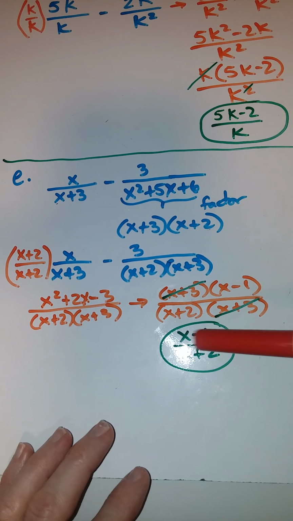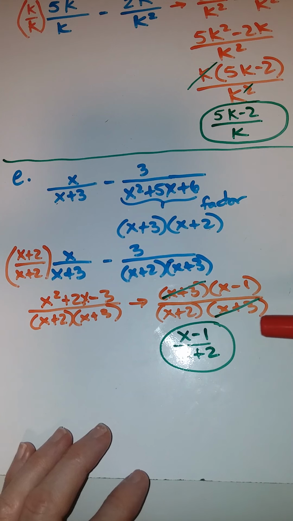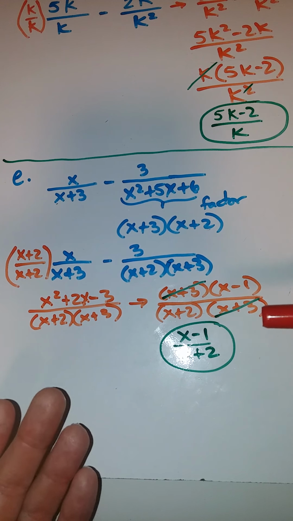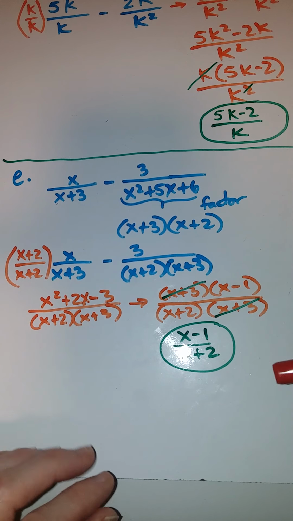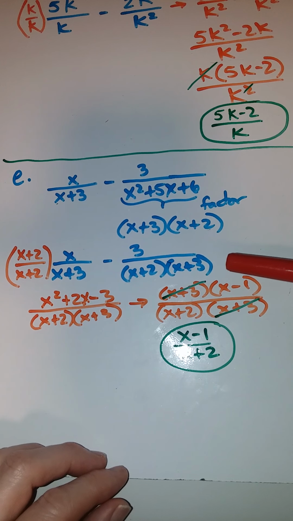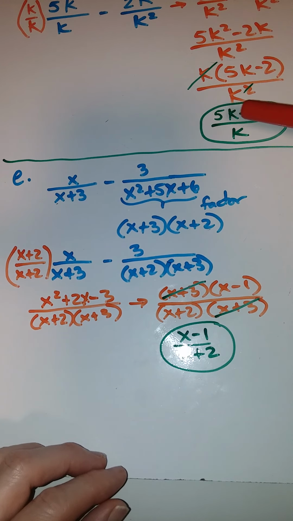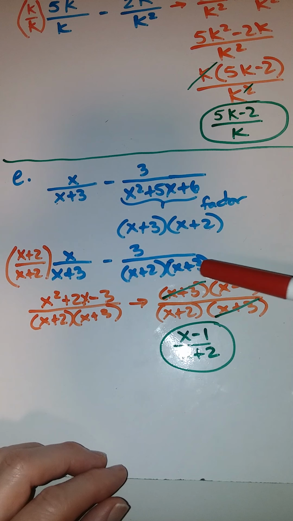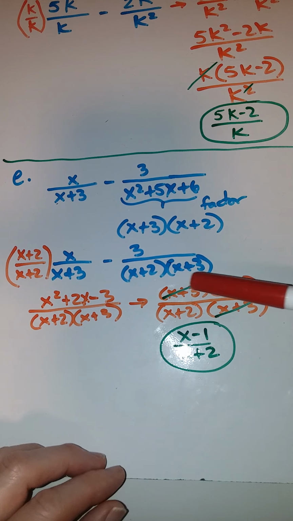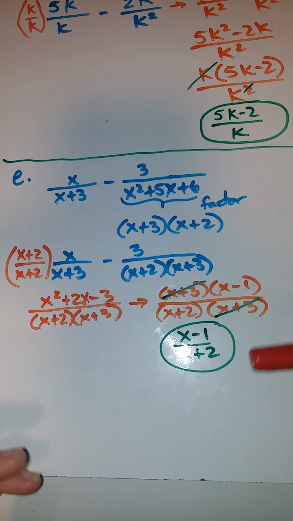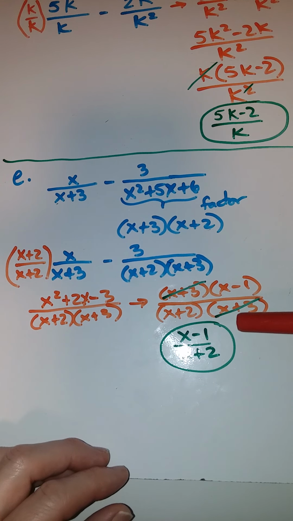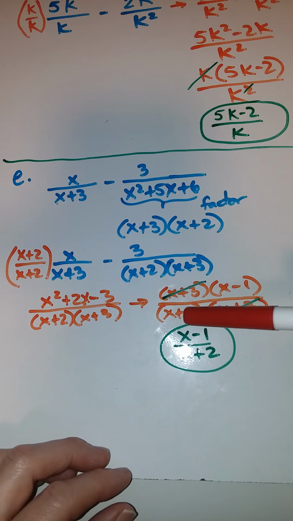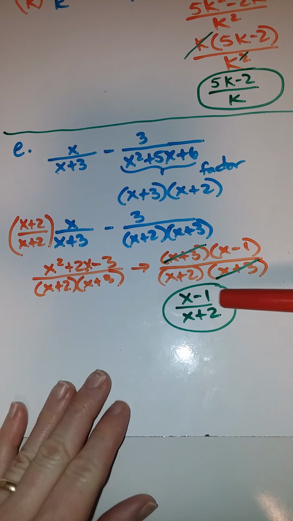So once we have this combined or composite rational expression, just like how we factored out a k, we're going to factor out an x plus 3. x plus 3 over x plus 3 is 1. So they cancel each other out. And we're left with x minus 1 over x plus 2. And that is the answer.